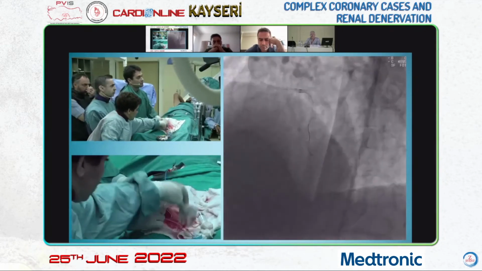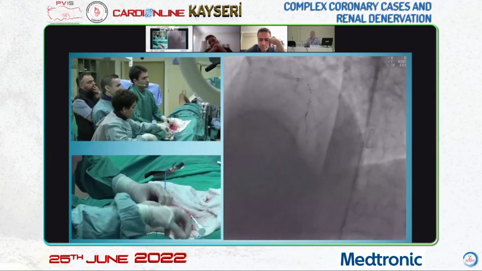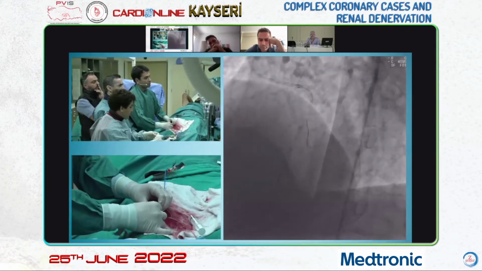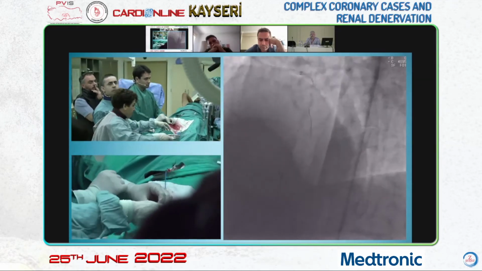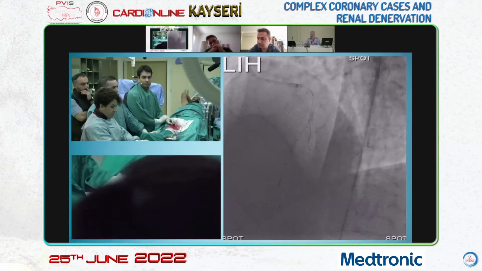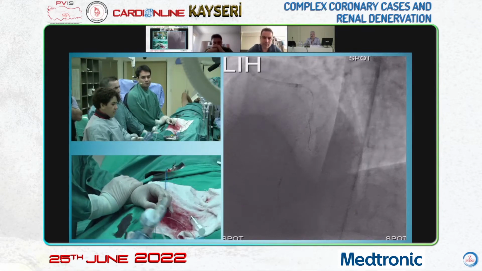In acute coronary syndrome, in patients who apply to the hospital with the syndrome, there are subtotal functional CTO patients. There is a troponin elevation in this patient, and there's a vulnerable plaque. The lipid core is large, and there is thrombus.